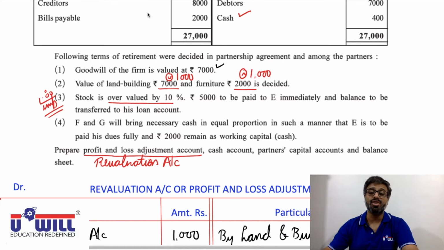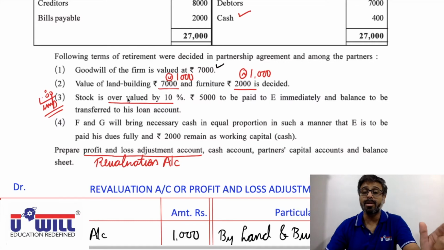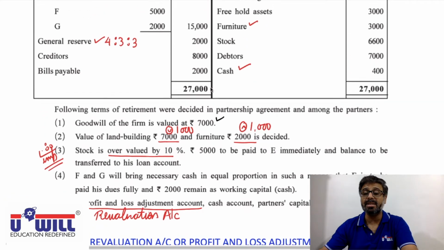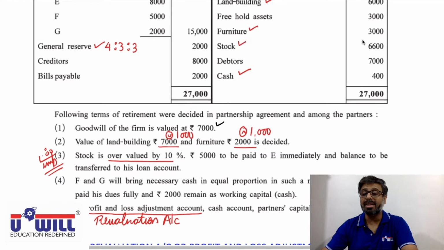It is not given that stock is to be overvalued. If it is to be overvalued, means now its value is 10% more, we should be happy. Stock is overvalued by 10% means put a tick on stock. This stock of 6600 is already overvalued by 10%.